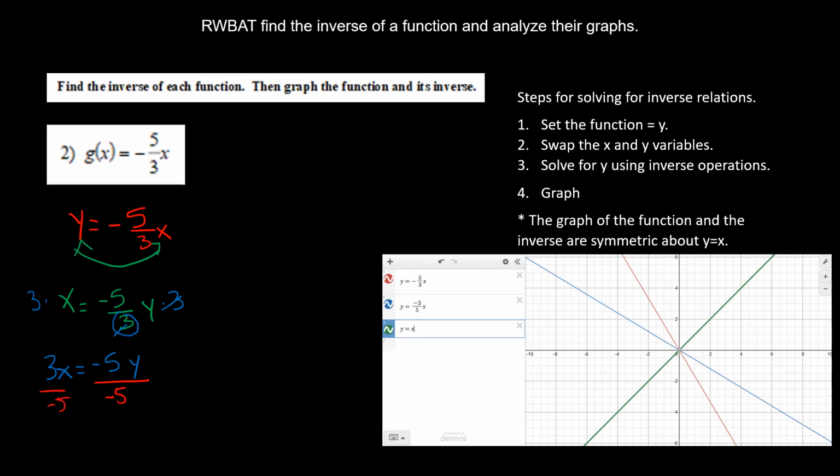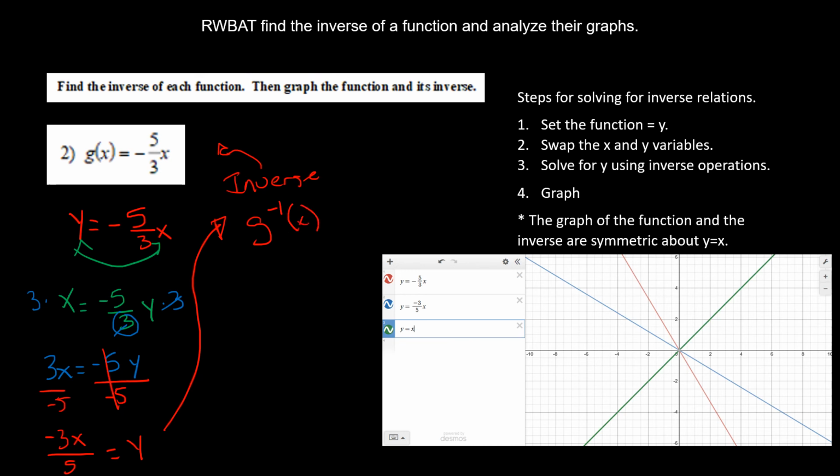So we'll end up getting -3x over 5 is equal to, this simplifies out, -5 over -5 is 1y. So really, the inverse of this is g of -1 of x equals -3 over 5x.